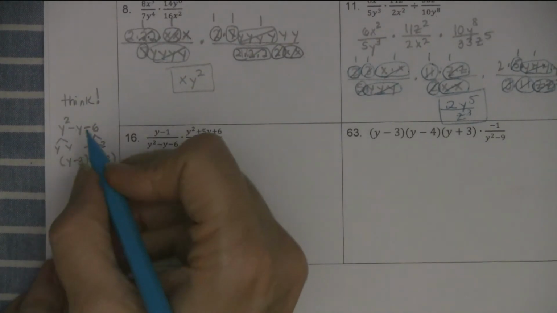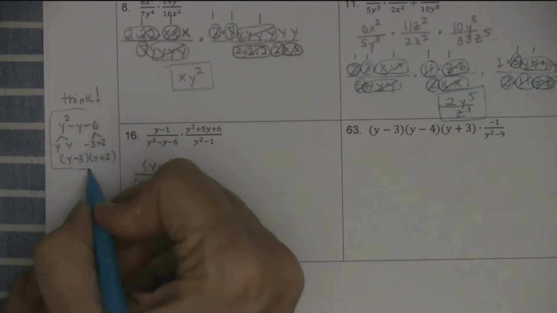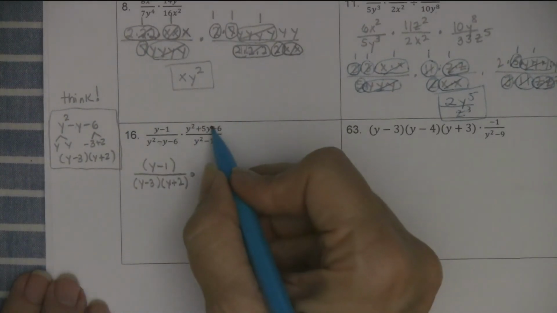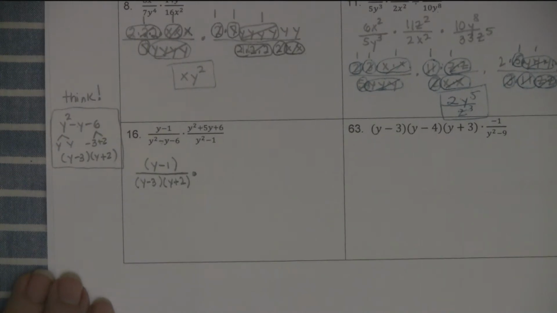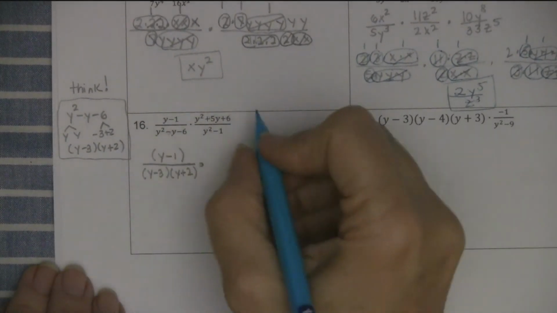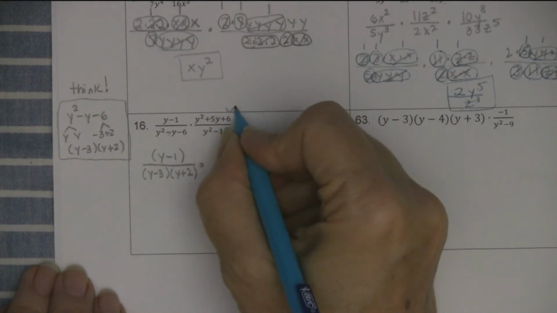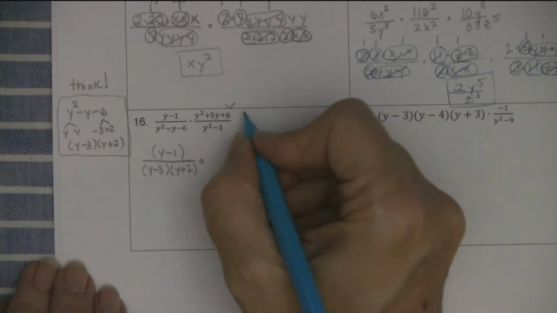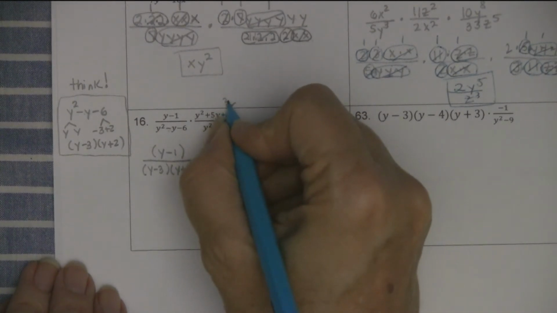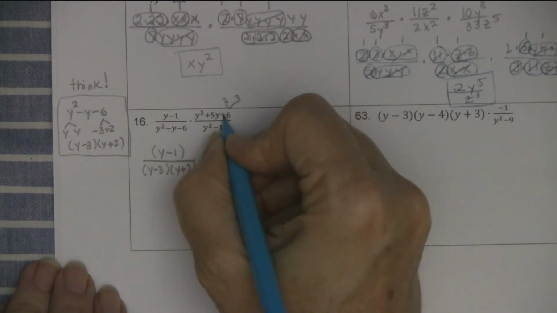Times. And so this was my think, right? I factored that. Now I have to factor this piece. And if you can factor it in your head, I think if you've been practicing your factoring, you probably can factor it in your head, right? You could say to yourself, well, I know that there's no greatest common factor other than 1, and to make 6 could be 2 times 3, and that adds to 5.